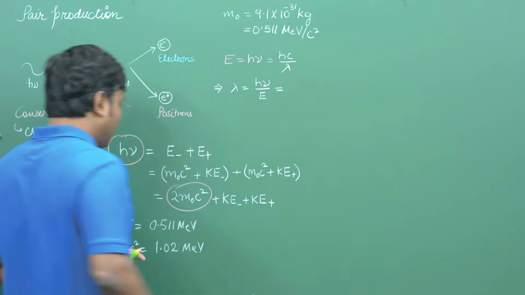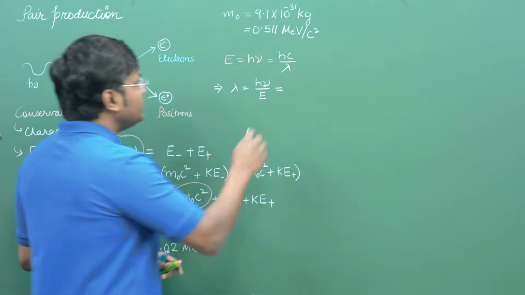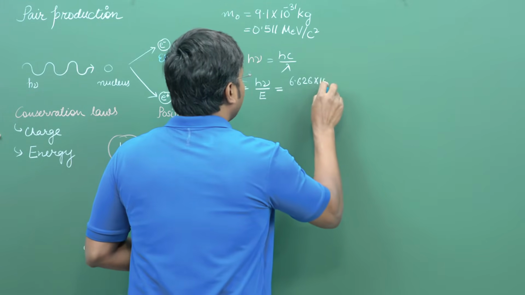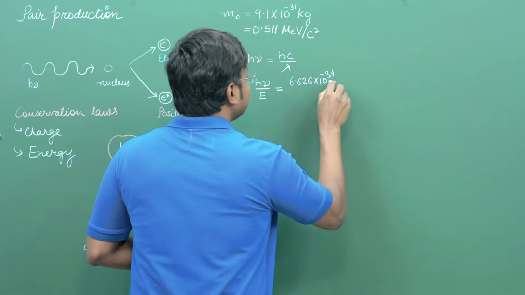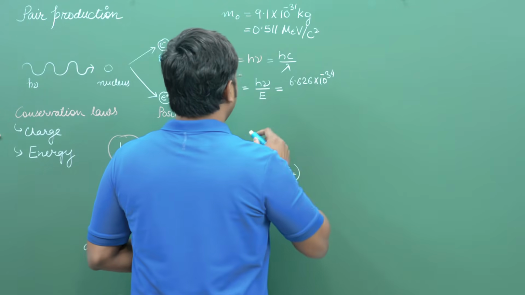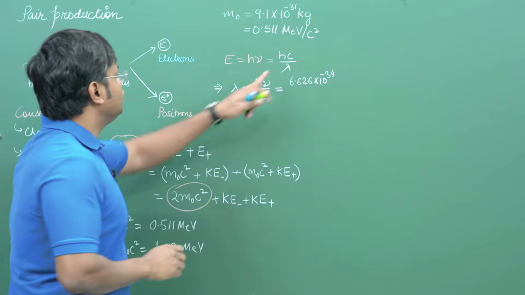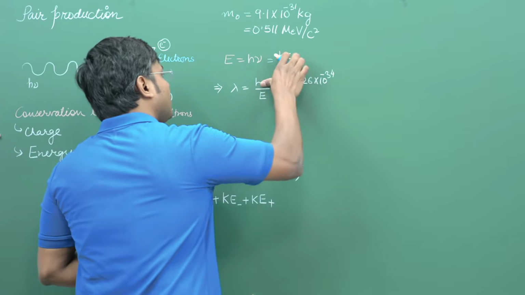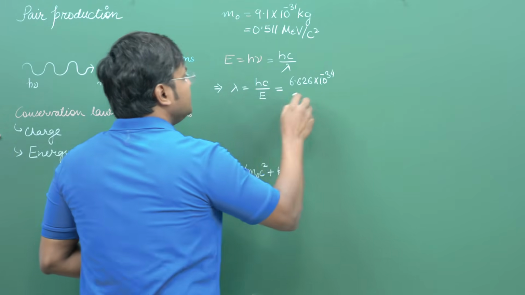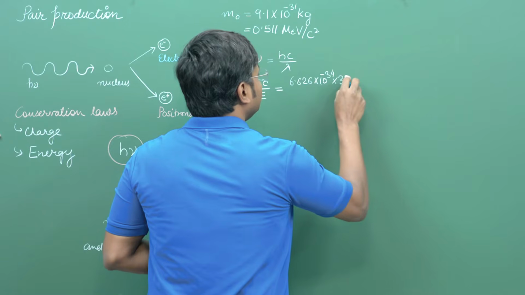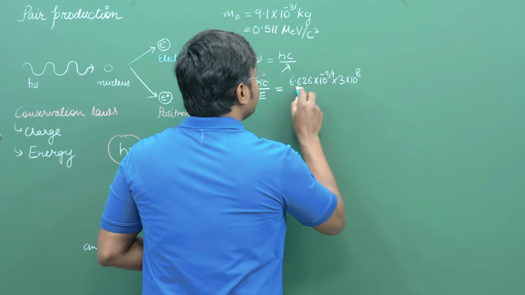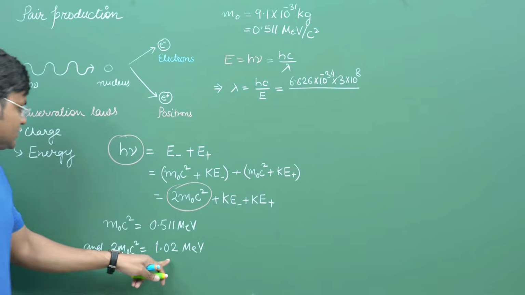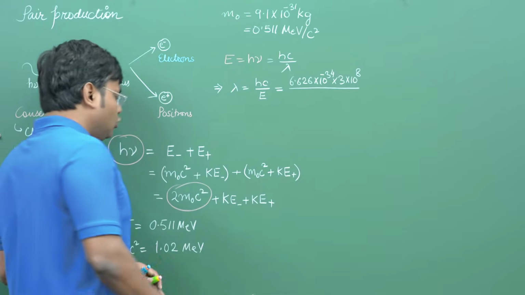So if I plug in all the values, h is Planck's constant, which comes out to be 6.626 into 10 to the power minus 34 joule seconds, times c, the speed of light, which is 3 into 10 to the power 8 meters per second, and in the denominator E, which at minimum is 1.02 mega electron volt.